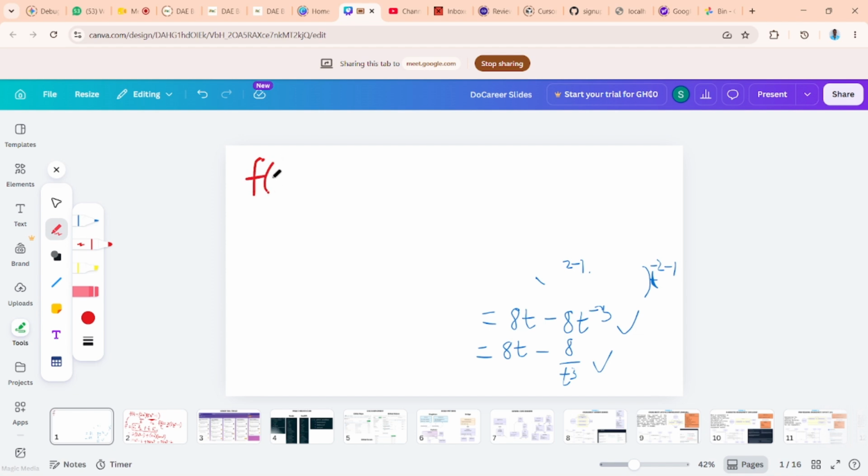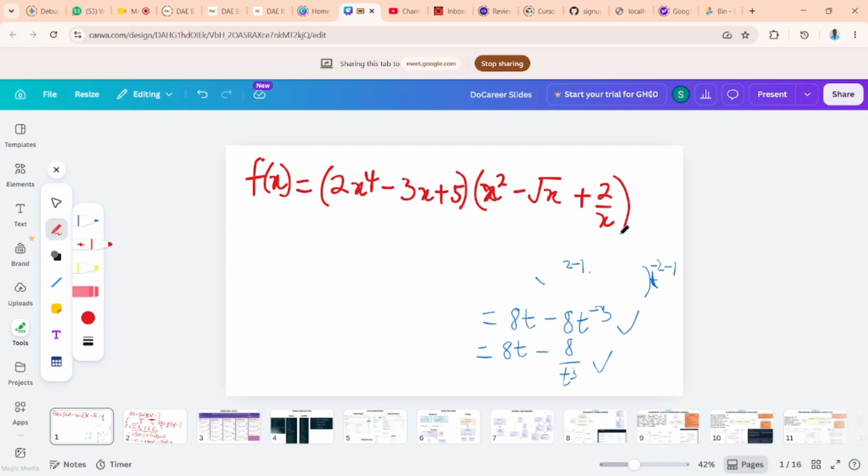So I have f of x equals 2x to the power 4 minus 3x plus 5, multiplying x squared minus root x plus 2 over x. So we have to find f prime of x.